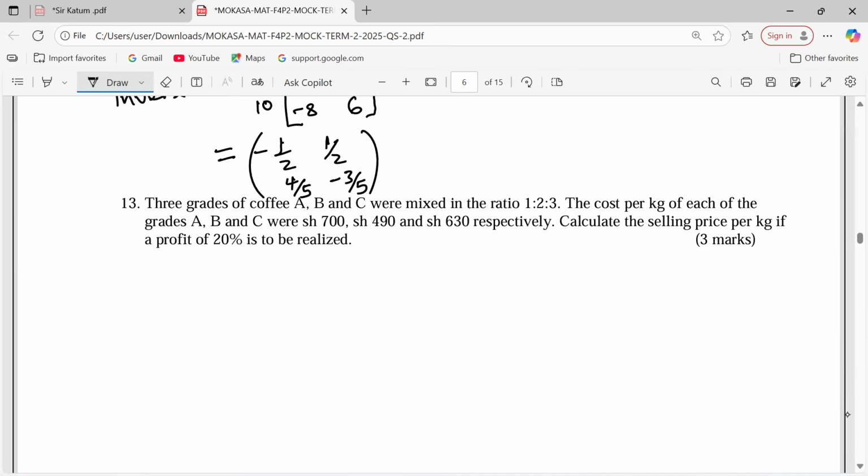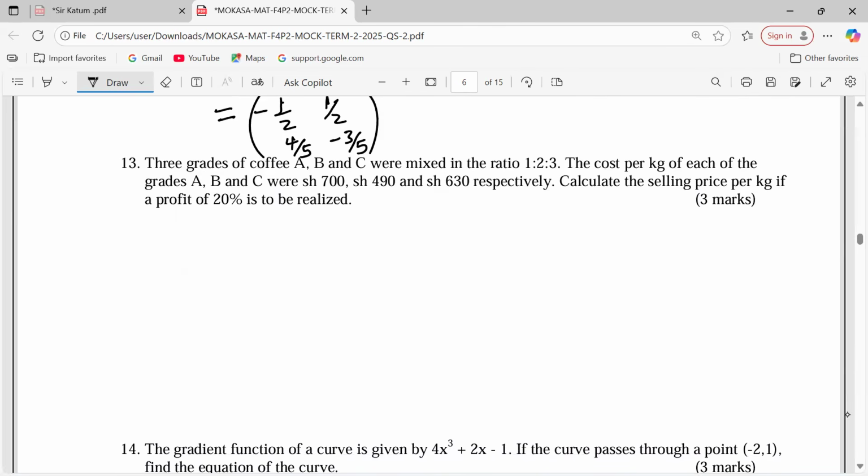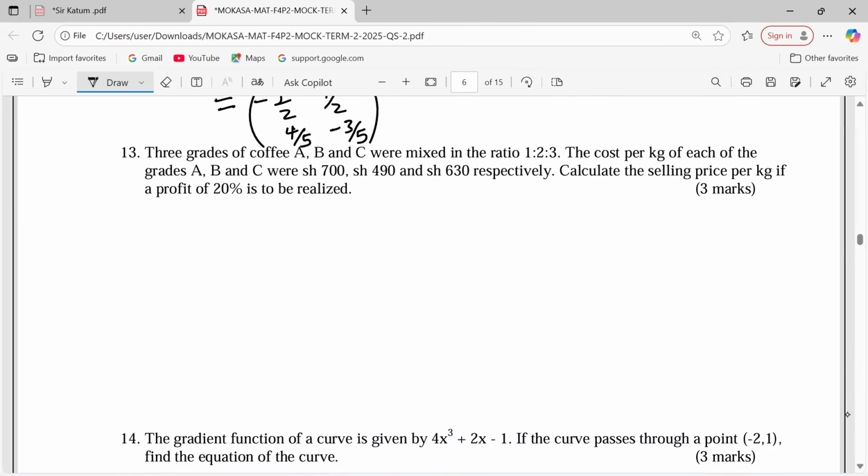Number 13 now. 3 grades of coffee, that is A, B, and C, were mixed in the ratio 1:2:3. The cost per kilogram of each of the grades A, B, and C were 700, 490, 630 respectively.